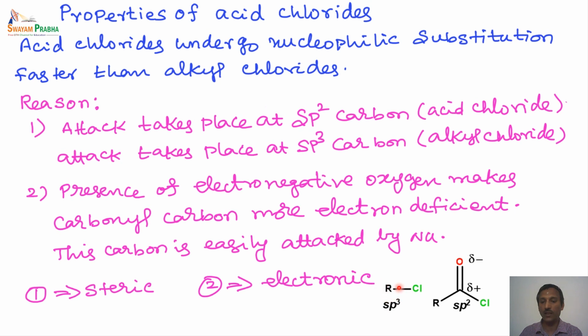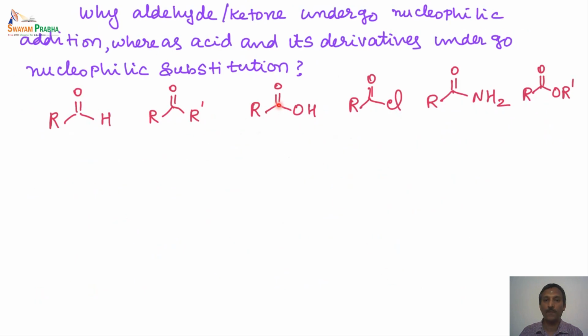So that's the reason they react slower. And when we talk about electronic effect, this carbon becomes more electron deficient because of the presence of two electron withdrawing substituents. So due to this reason, acid chlorides are highly reactive compared to alkyl halides.